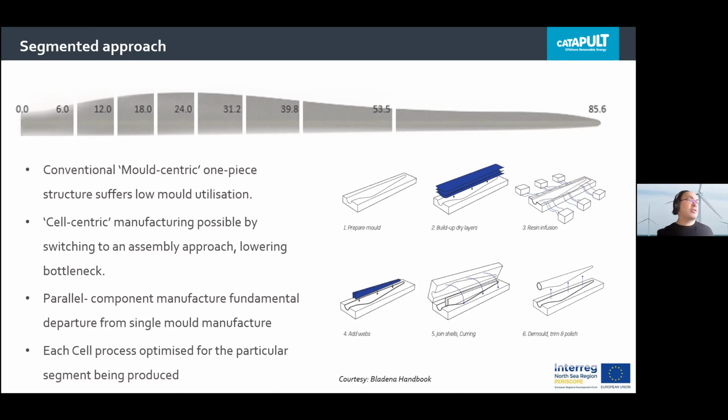It also means there's great flexibility in manufacture and more contingency and redundancy. For instance, if there's a delay in process, you're not putting a whole operation in line because one cell, for instance, is broken down. And more importantly, each cell is configured and optimized for the particular segment being produced.